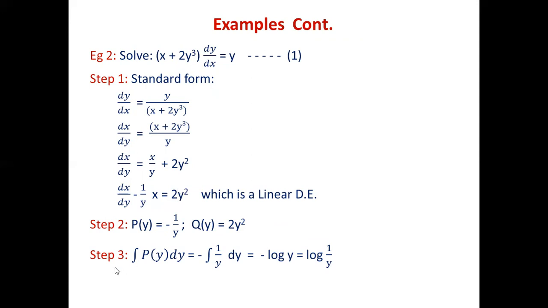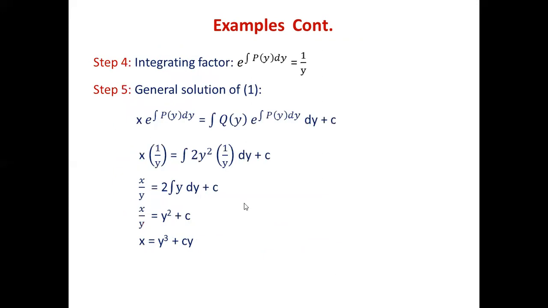The third step, we need to find the integral of p of y dy. Here p of y is minus 1 by y, whose integral is minus log mod y, and so it is log 1 by y. And the fourth step, we have to find the integrating factor, which is e power integral p of y dy, and e power log 1 by y is just 1 by y.